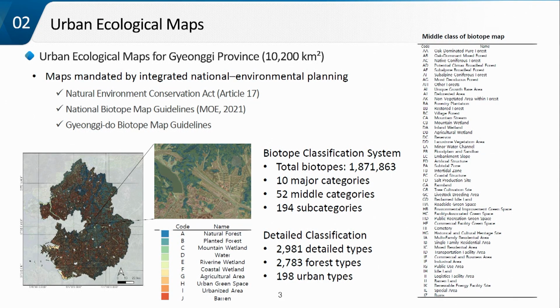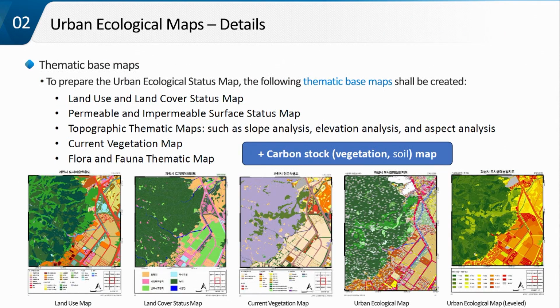This map is vector-based polygons, not raster, categorized into more than 2,000 types of local ecosystem, so it was made in very detailed typology. It also includes many different ecological layers for more than 10,000 square kilometers. All these items are fixed in the law, and one of them was the carbon stock. I will explain about that.